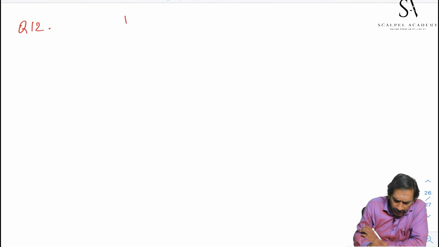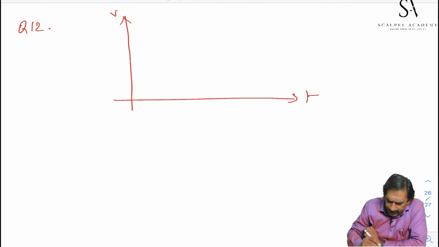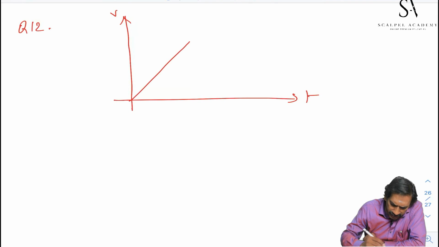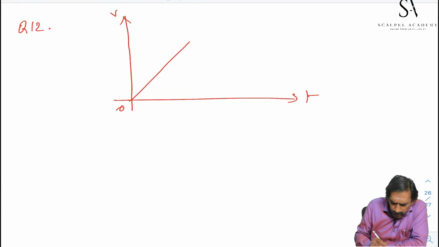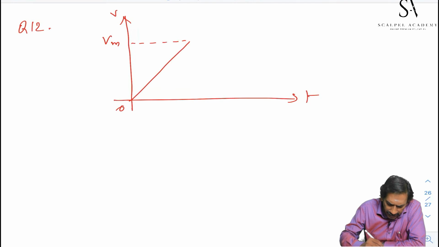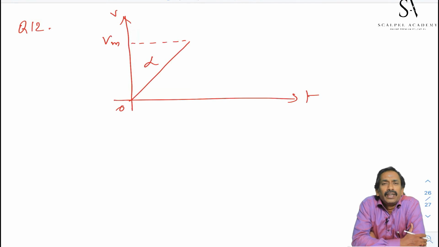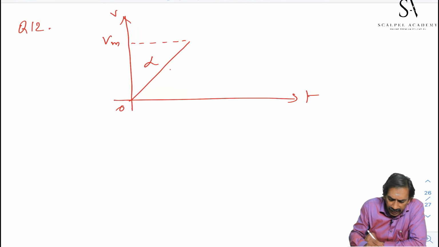If you plot a VT graph, the particle is accelerating uniformly from rest, initial velocity 0, to a certain maximum velocity it reaches. I say Vm is the maximum velocity. Here acceleration alpha is positive, slope is positive, time taken is t1 second, let us take it.